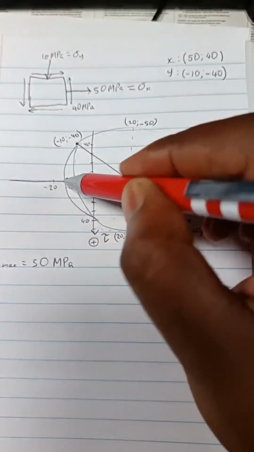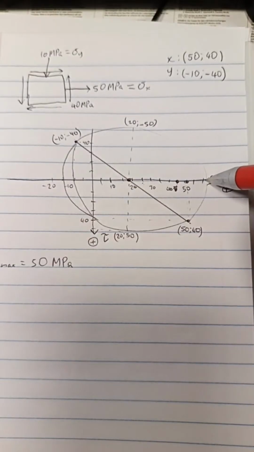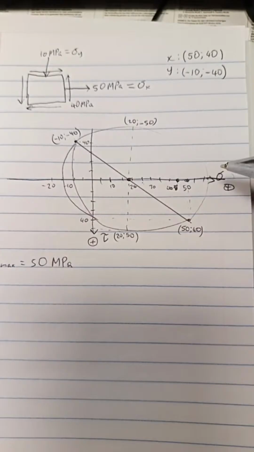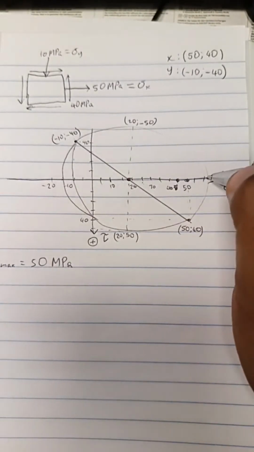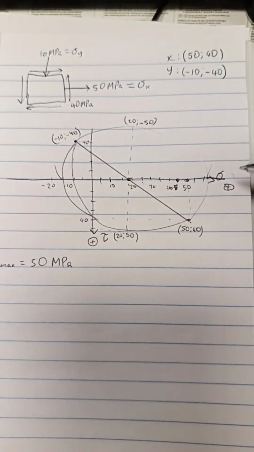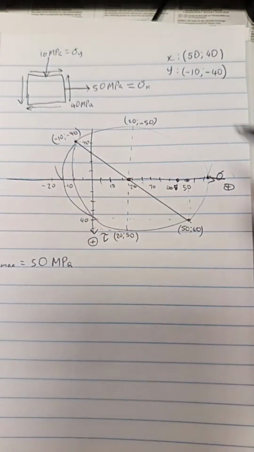I'm not sure which value. This one will be more than 50. I'm not sure which value, but it will be somewhere there. So you can just measure those points where it is touching this line. That's where we get the principal values.